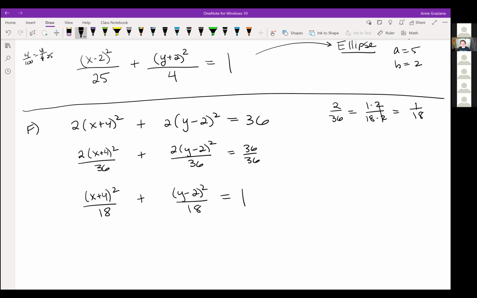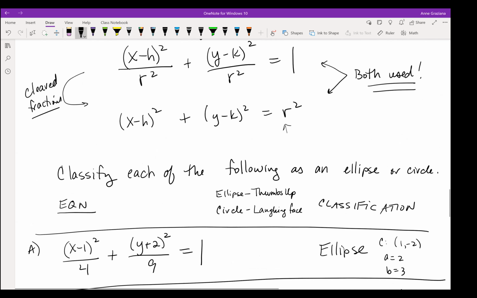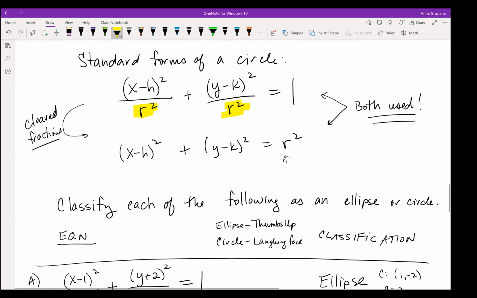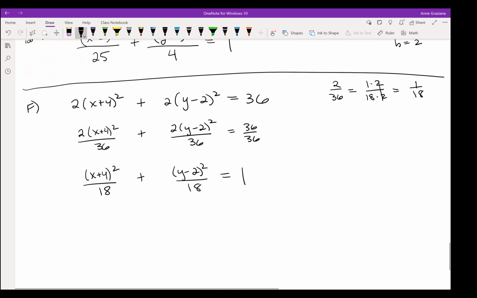It's still a mix. Okay, it looks like ellipse, but notice how the denominators are the same. That goes with more of our circle. When you have the same number down there, it's a circle because every point is going to be the same distance from the center.